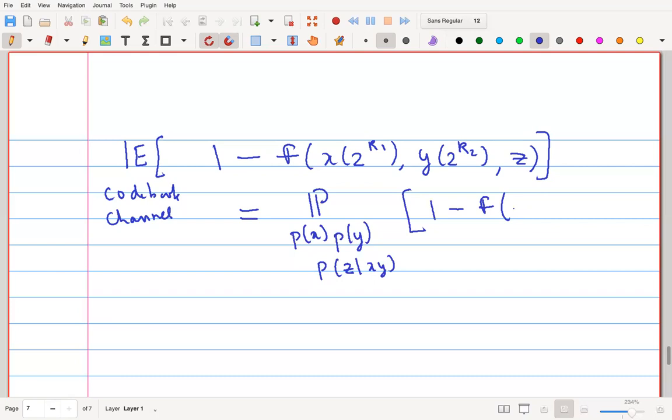Charlie is of course going to use f. If this was f3 instead of f, I know this is less than epsilon, just by the definition of the optimizing hypothesis test, D epsilon min.